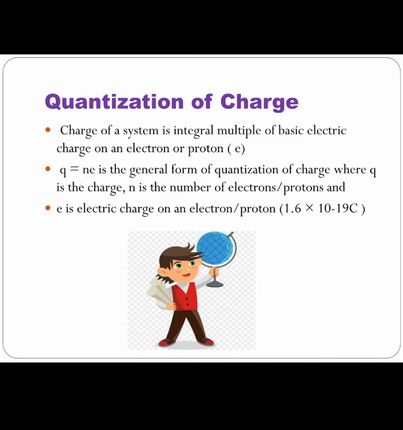The symbol of an electron is minus e, and the symbol of a proton is plus e. This equation gives us Q equal to Ne, the general form of quantization of charge, where Q is the charge and N is the number of electrons or protons.